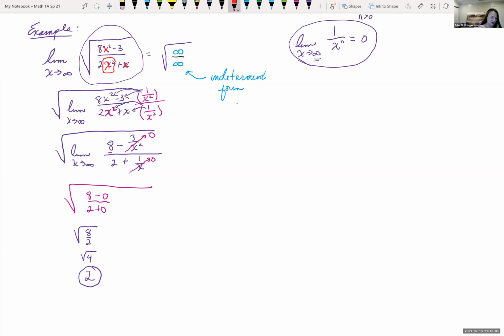So there is a horizontal asymptote there, and it would equal 4. And then I have the square root of the 4.